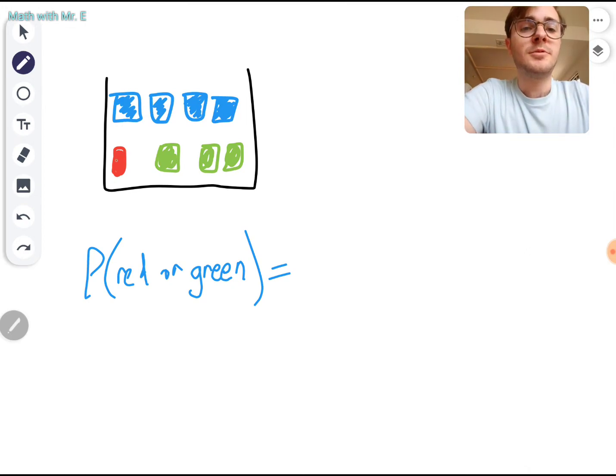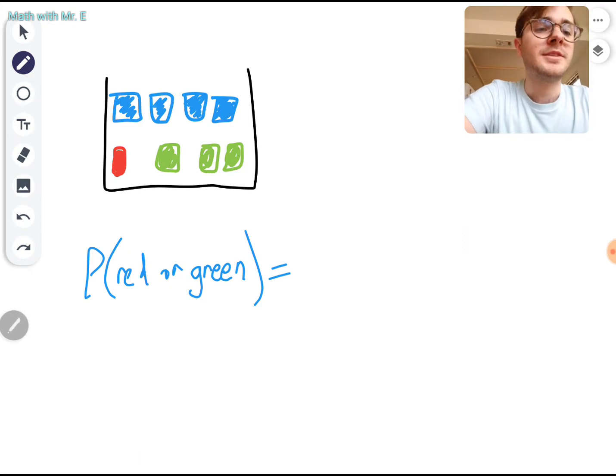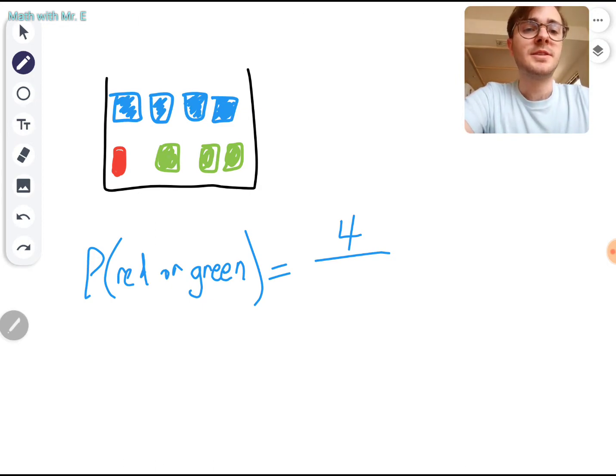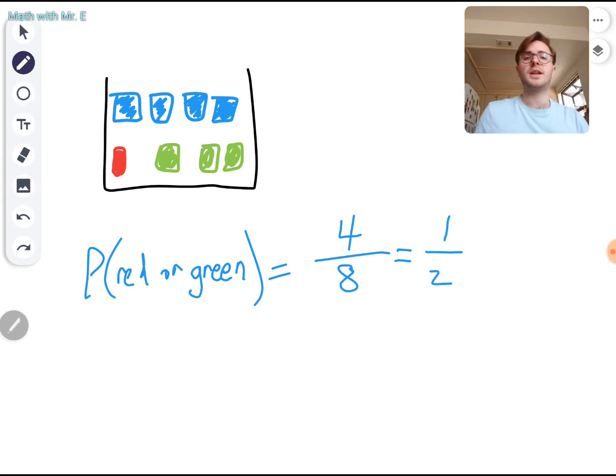So if we count, 1, 2, 3, 4 of these are either red or green. So that's 4. And then the total number of outcomes, well, I could pick this one, this one, this one, this one, this one, this one, this one, or this one. So there are 8 possible cubes that I could draw out of here. So that would be 4 over 8, and we can always simplify our probability, so 4/8 would be 1/2. So the probability that I draw red or green out of this box would be 1/2.